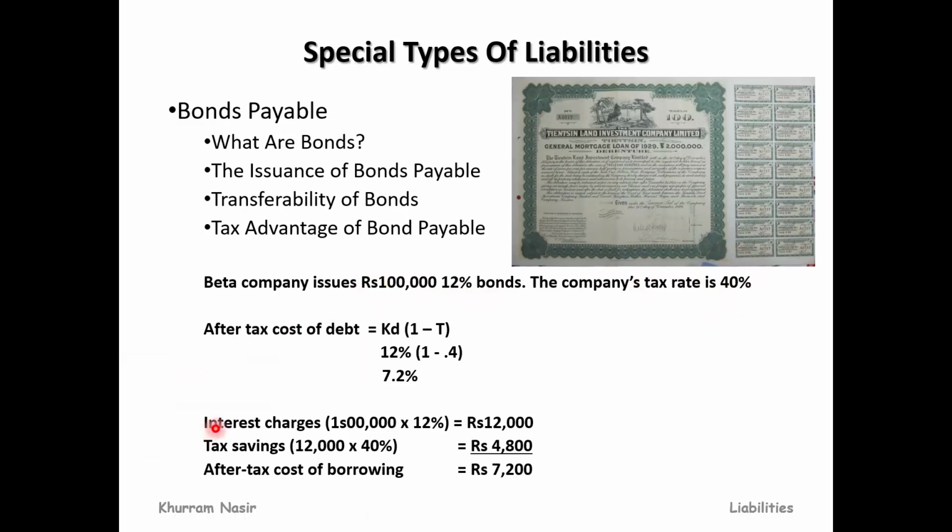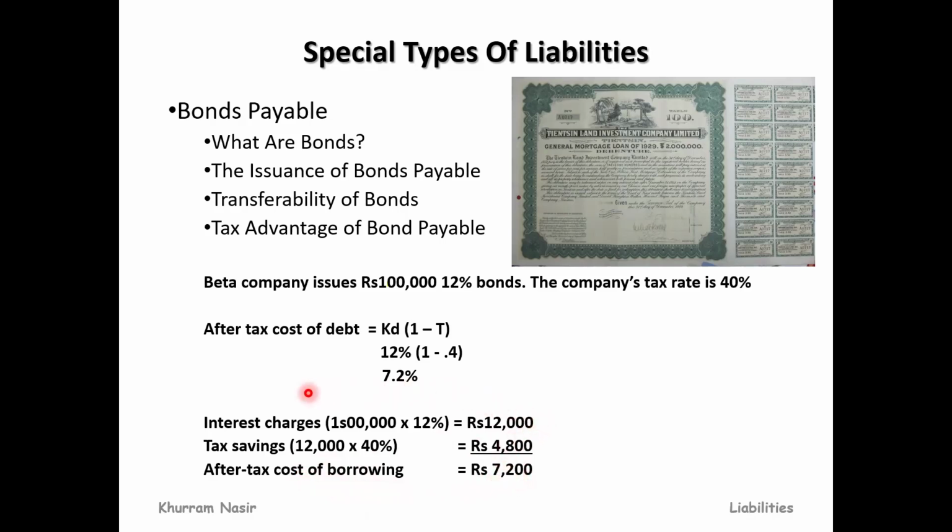So the company has to pay interest of 1 lakh times 12%, which is 12,000, but there's going to be certain tax savings. The tax saving would be the interest times the tax rate, so that is 4,800. Because of this tax saving, the after-tax cost of borrowing would decrease to 7,200.